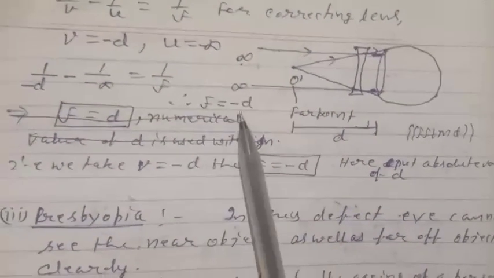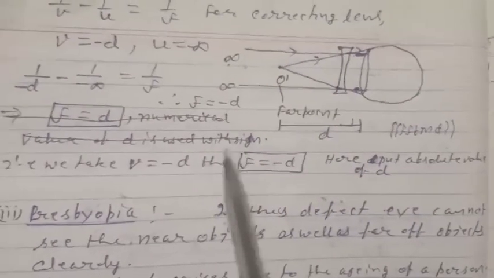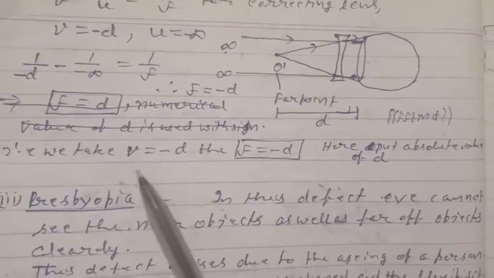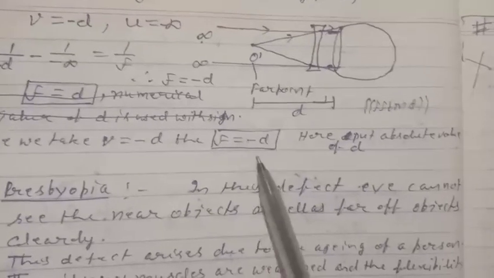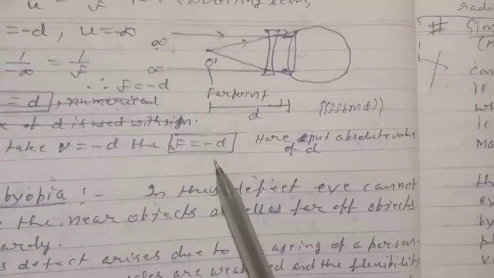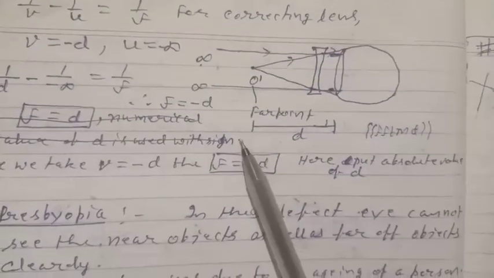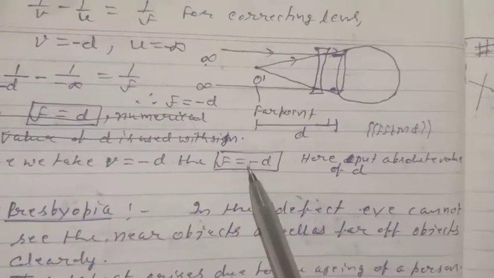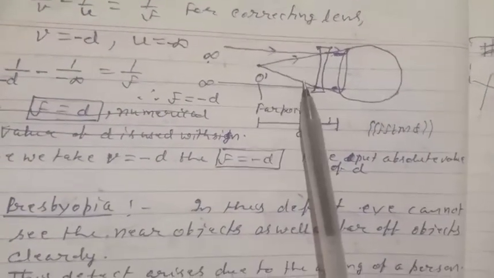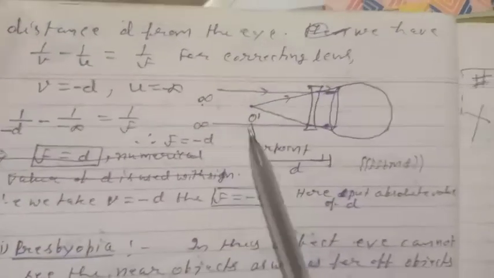Hence f = -d. Here also we put the absolute value of d. Because f is negative, the lens should be concave. So this defect can be corrected by using a concave lens of appropriate focal length given by this formula.